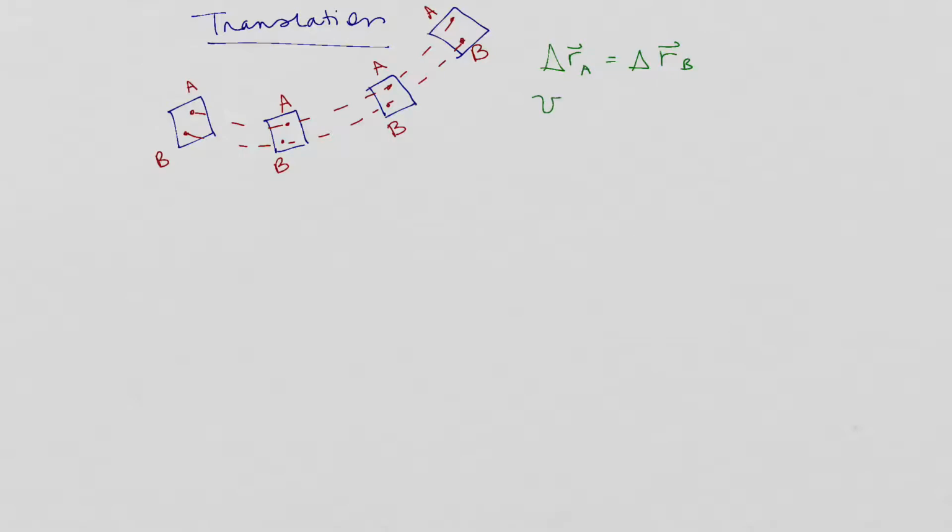We also know that the velocity of A is going to equal the velocity of B, and the acceleration of A is going to equal the acceleration of B. For this, we want to treat this as particle kinematics.